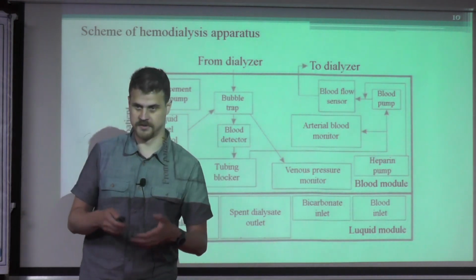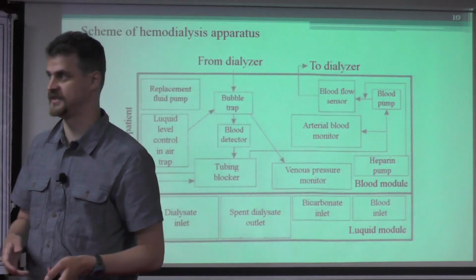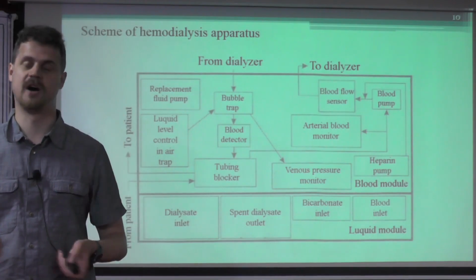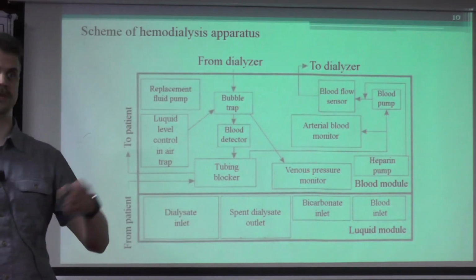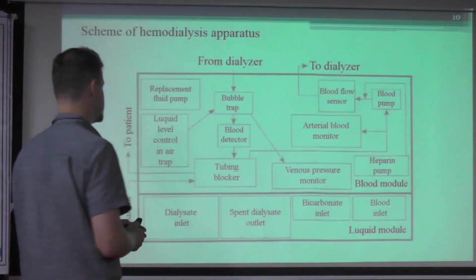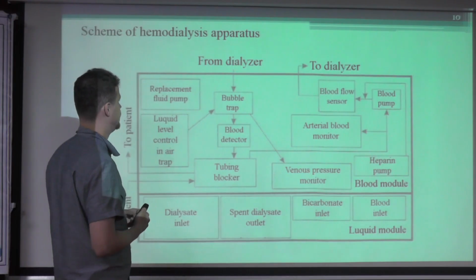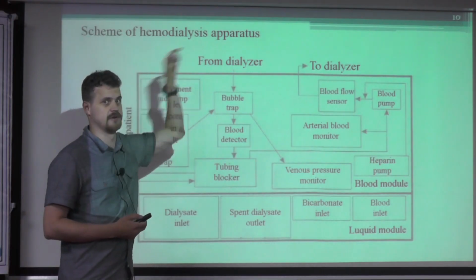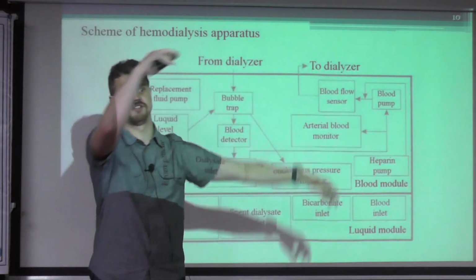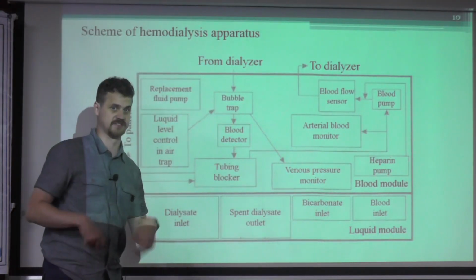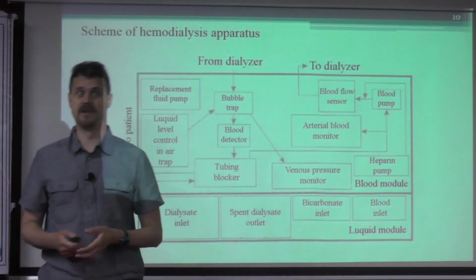Of course, different models of hemodialysis apparatuses varying from different brands and companies that create these apparatuses will vary, but usually they have the same requirements. Like in terms of dialysis, if we return blood from the mass exchange unit back to patient, we need to make sure that there will be no bubble presented in this blood system.